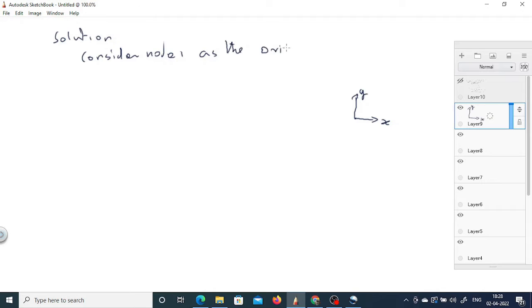Node 1 as the origin means, what about the coordinates of the other nodes? Yes, the coordinates for node 1. I explained with the diagram.